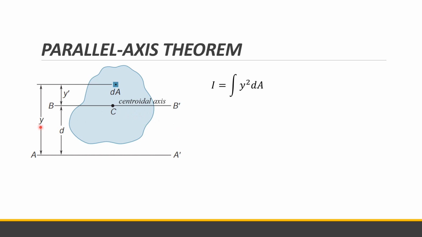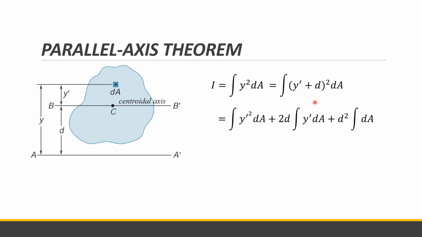Meaning we can say that y is equal to y prime plus d. We substitute that into the equation, so it becomes the integral of y prime plus d quantity squared dA. Evaluating the equation, y prime plus d squared is equal to y prime squared plus 2y prime d plus d squared.